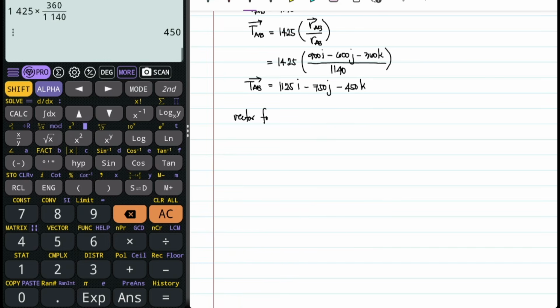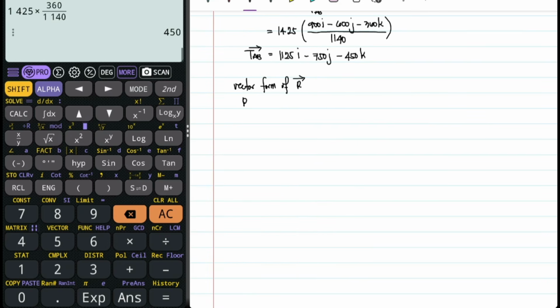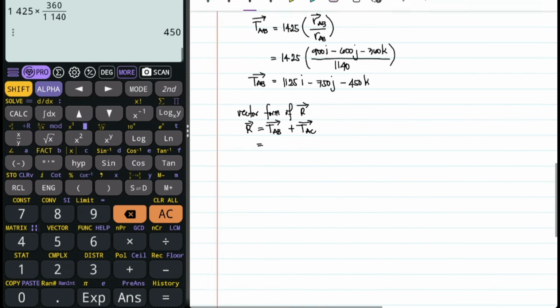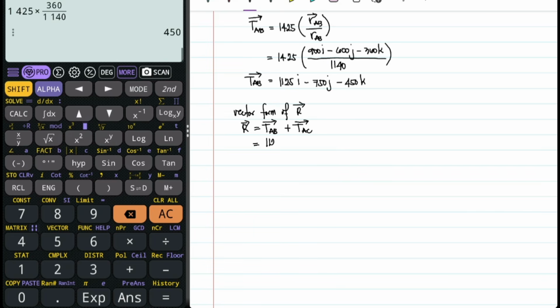We can now solve for the resultant, that is in its vector form as well. So the vector form of our resultant is equal to the vector form of tension AB plus the vector form of our tension AC, which gives us, for AB, 1125I minus 750J minus 450K.